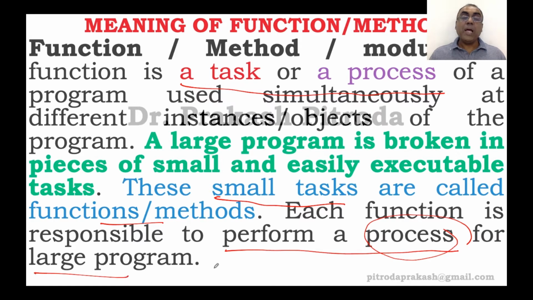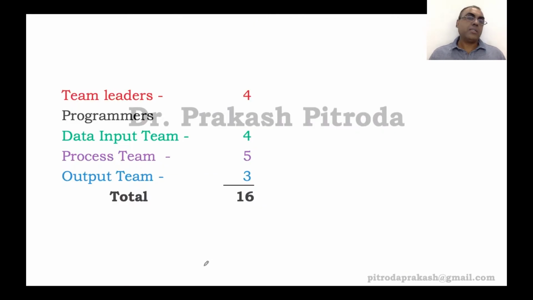Now when we talk about a large program, let us understand. You have written a program, probably a class with some name, you started with public static void main, and you got all your input using Scanner or something over here.